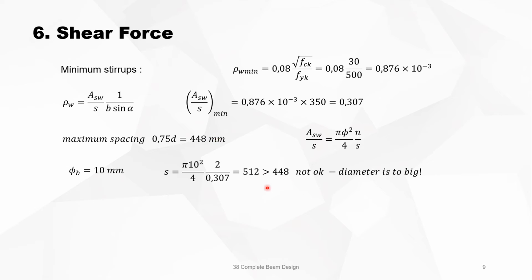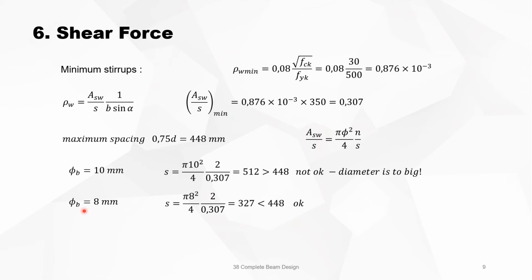So in fact, it means that this diameter 10 is too high because we need too large a spacing. You can stay with diameter 10 and use, for instance, 450 or 440 as spacing. But this is a little bit of a waste of reinforcement, so we need to lower this diameter.